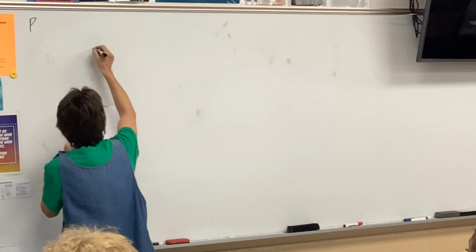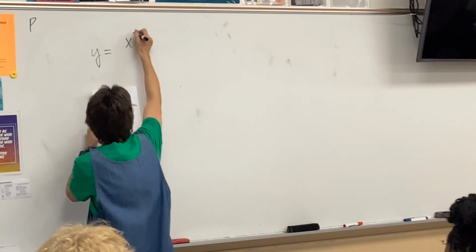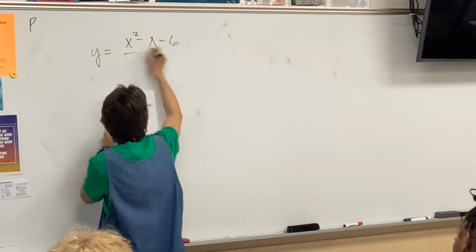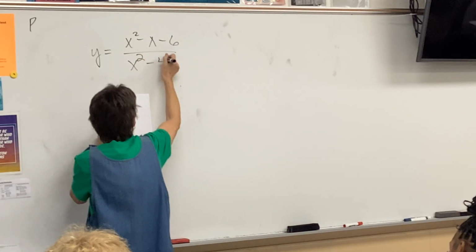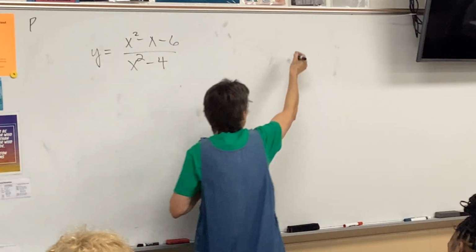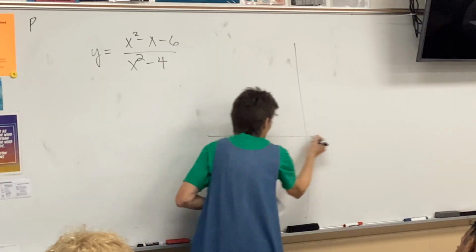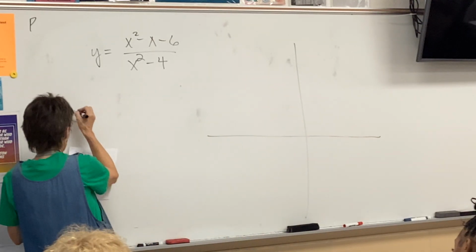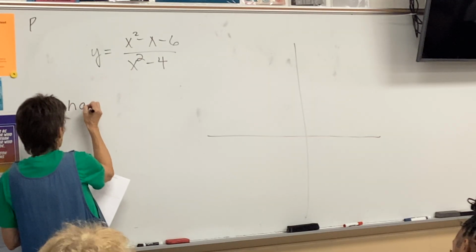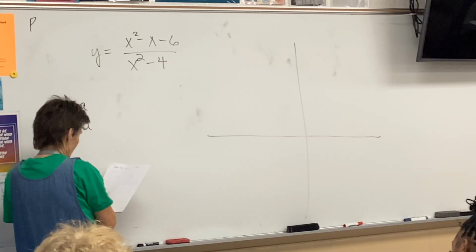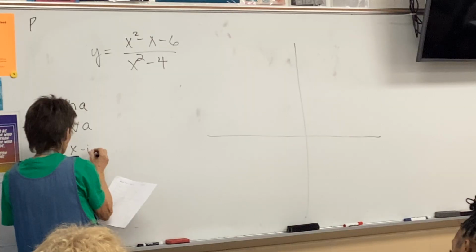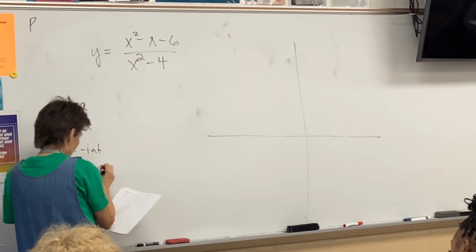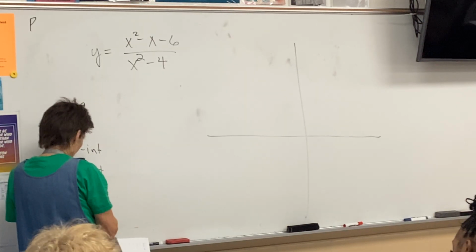Let's see if we remember what we're supposed to do with this. We are going to sketch it, and we are going to list all of our steps. So horizontal and vertical, x-intercept, y-intercept, and hole.